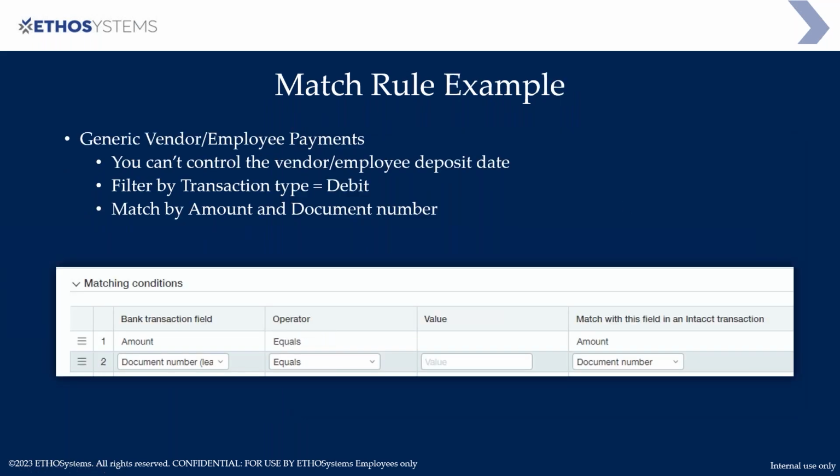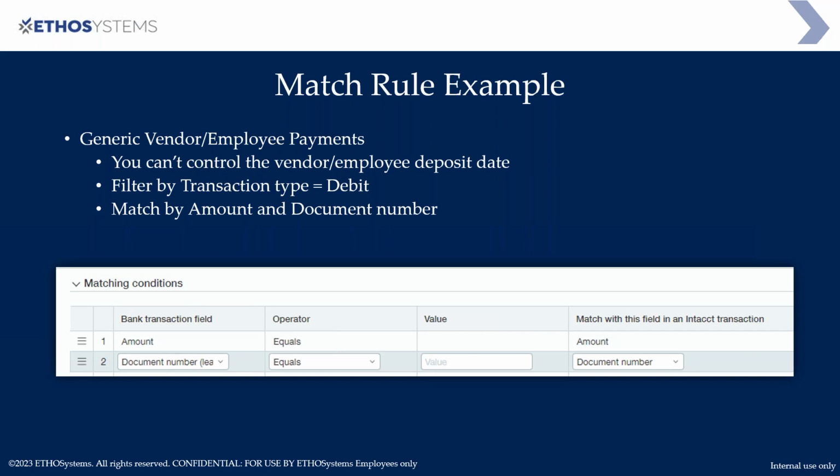Just to give you an example, this is for vendor and employee payments. One of the issues you run into is that unless you're doing ACH or your employees are running to the bank that day, the check date in the system will not match the date at the bank. It's going to be delayed multiple days.